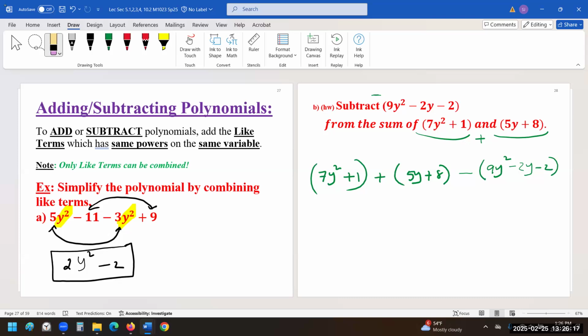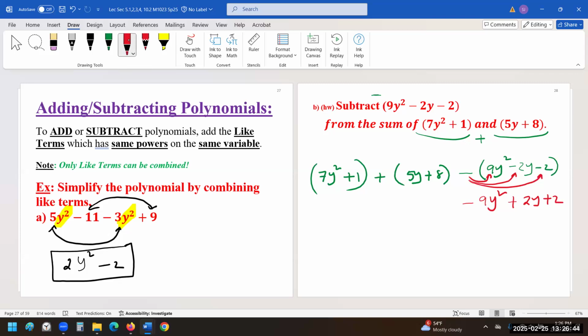So the mistake I noticed in most of the papers is that you actually forgot to distribute the negative. Anytime you subtract something, all the signs change. So for addition, nothing changes, but for subtraction, we get negative 9y squared, and then it becomes positive 2y, and then positive 2.